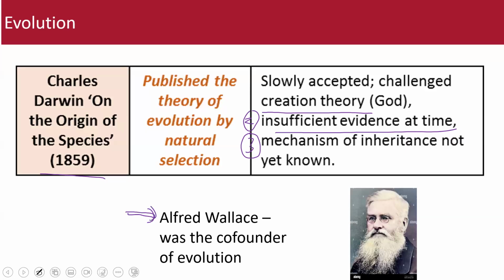Alfred Wallace might be mentioned, and he came up with exactly the same evolution theory, but they never met. It was only after they'd both died that they realized that they came up with the same theory. Okay, so he could come up, but more likely it's why did Darwin's theory not get accepted? Number one, creation theory, God. Number two, no evidence. Number three, they didn't know how inheritance actually happened.